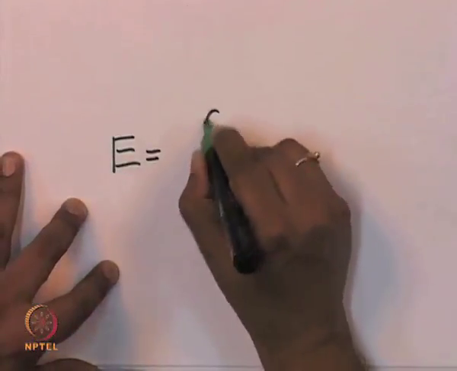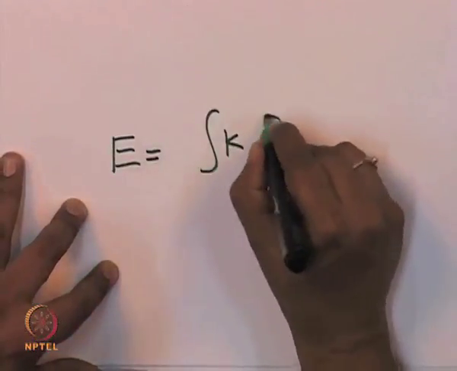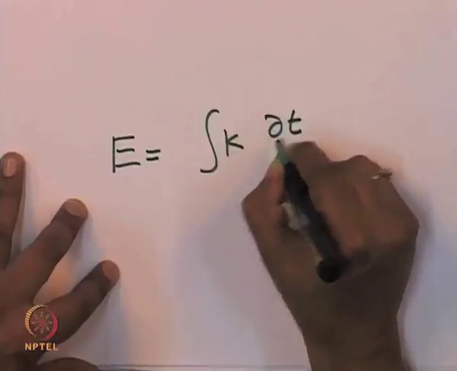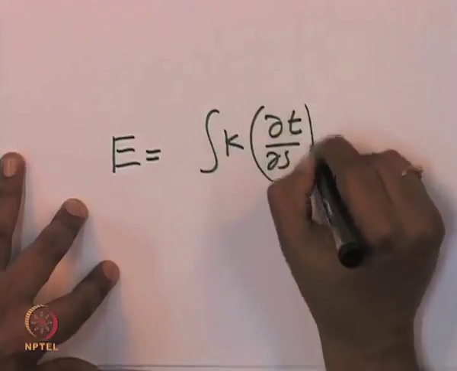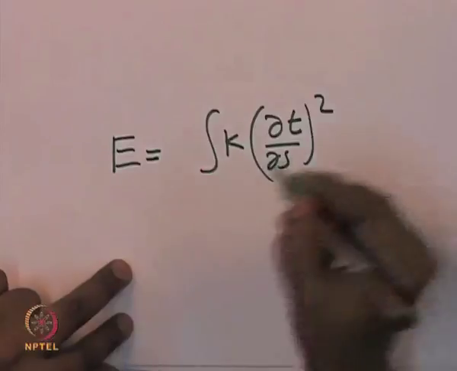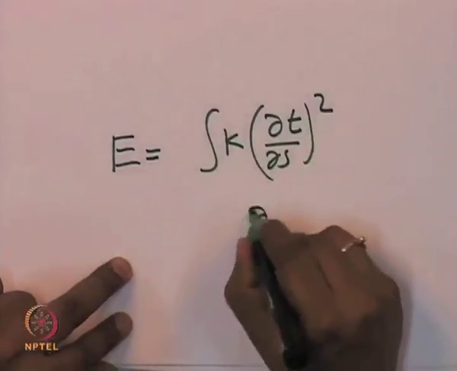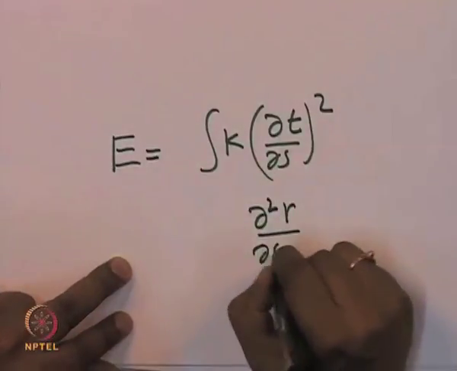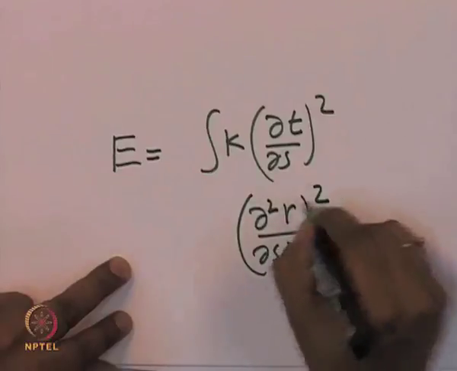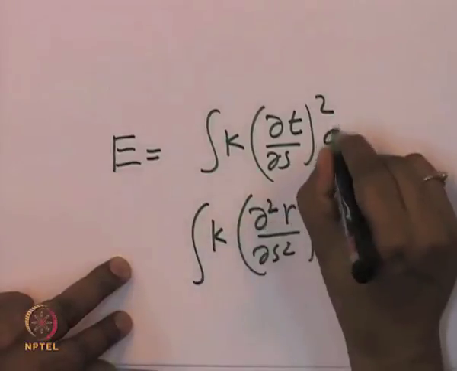We wrote it in two ways: integral kappa (del T by del S) whole square, or (del square R by del S square) whole square kappa, with an integral ds.